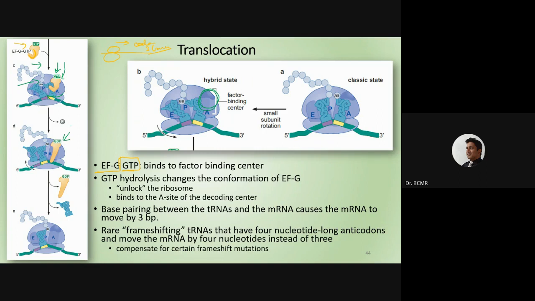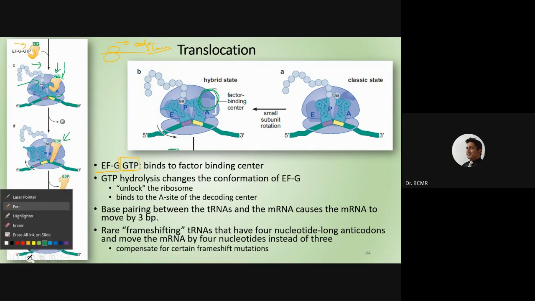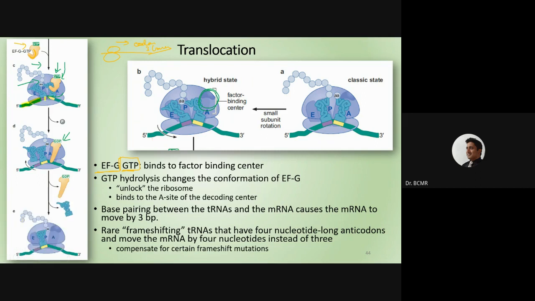Actually, what happens is the whole mRNA along with the tRNAs is pushed towards this side by a codon, and that is done by the energy provided by the EF-G.